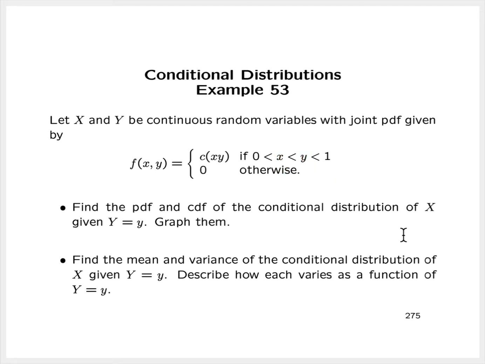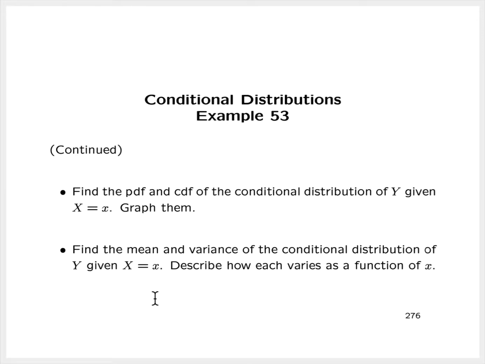And so we are to find the PDF and the CDF of the conditional distribution of x given y. Once we've found the conditional PDF, we can find the mean and the variance of the conditional distribution of x given y. And then we want to note how each of these varies as a function of y, if indeed it does.